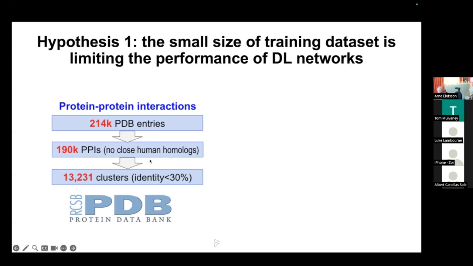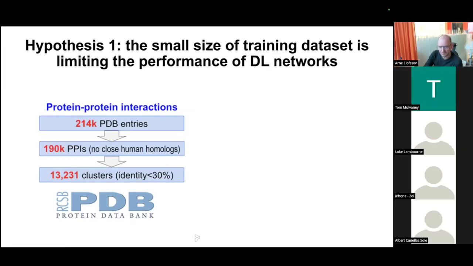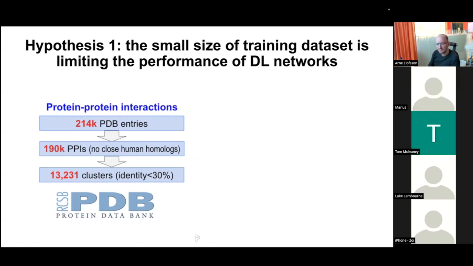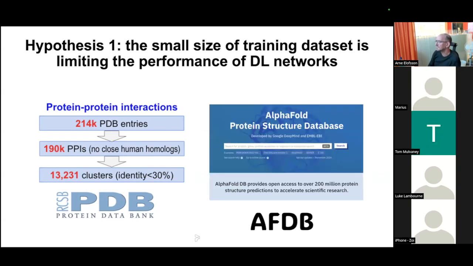However, although there are a lot of PDBs with protein-protein interactions, after removing those showing homology to human pairs, because we don't want any data leakage, and clustering to remove redundancy, you only have a little more than 10,000 clusters of diverse PPIs. So this is not a large training data set, but where can you get a larger one?